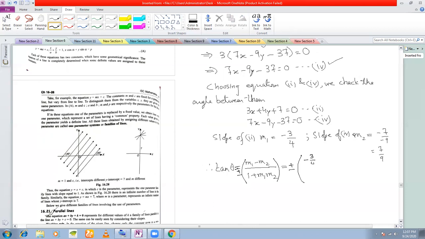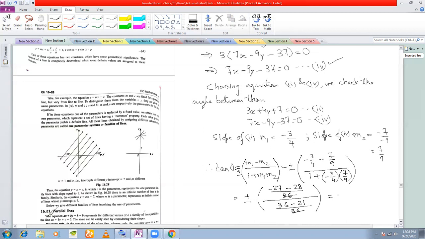So this is plus or minus 3 by 4 minus 7 by 9, divided by 1 plus m1 into m2. Taking the LCM 36, the numerator gives 27 minus 28, and the denominator gives 36 minus 21, divided by 36.